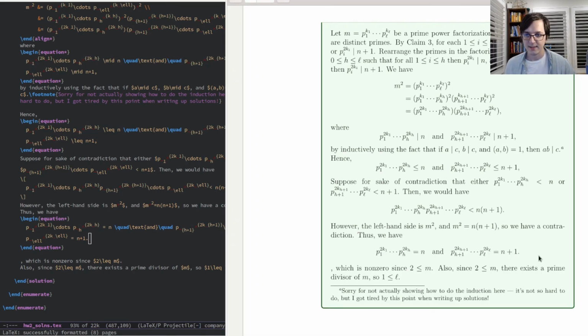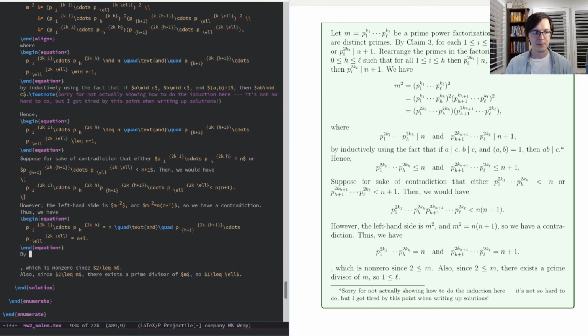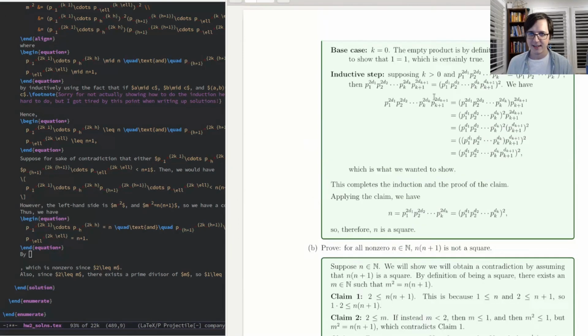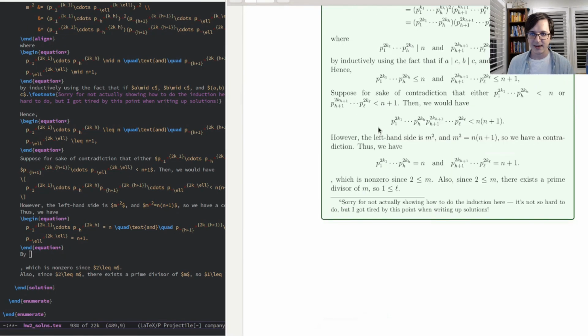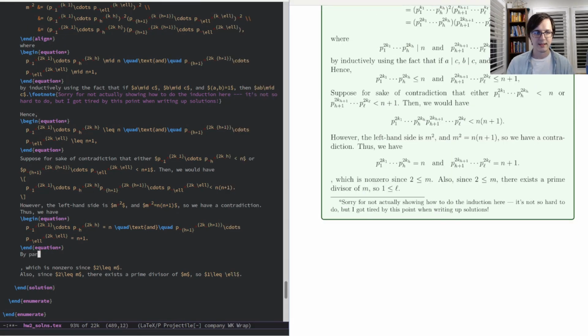Okay, we've got these equalities now. So by what letter was it? By part A, it's a square. Both n and n plus 1 are squares.